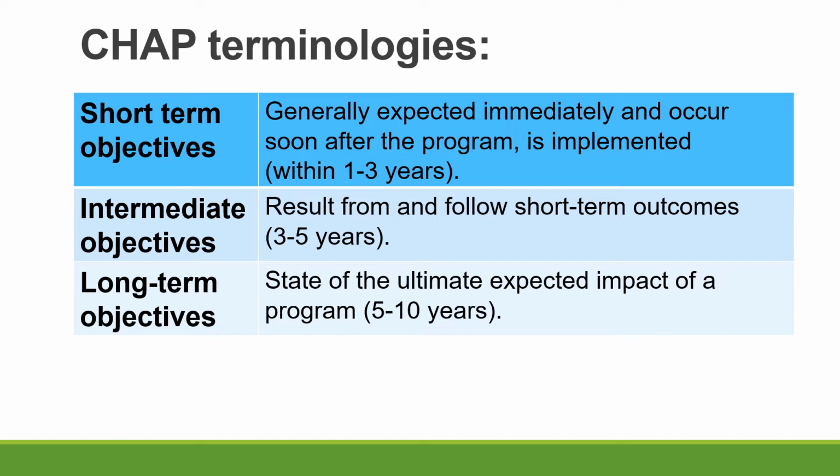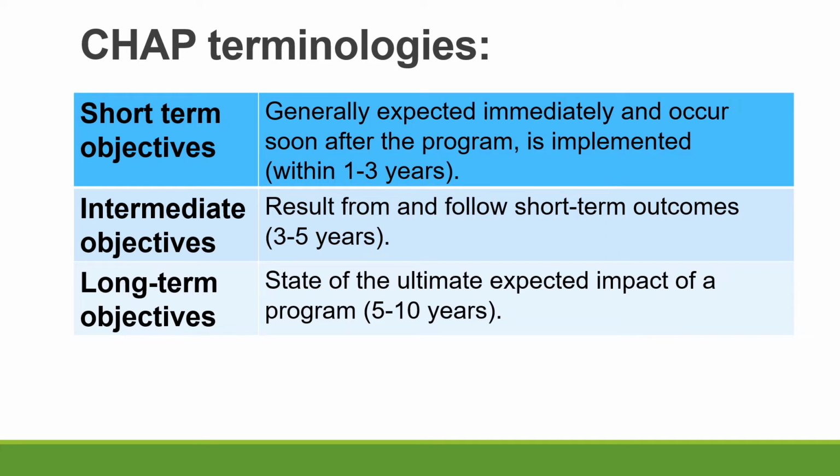So the difference between these three types of objectives is basically their years, no, of achieving an outcome. For example, a short-term objective is generally expected immediately and occurs soon after the program is implemented. So you would expect already the outcomes of your program within 1 to 3 years. So those are for your short-term objective.